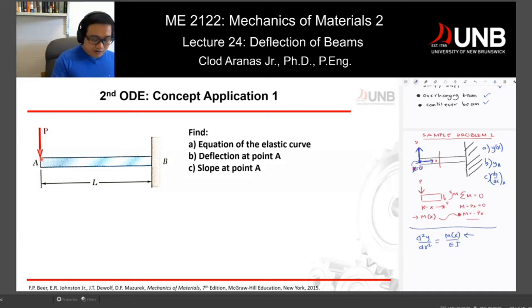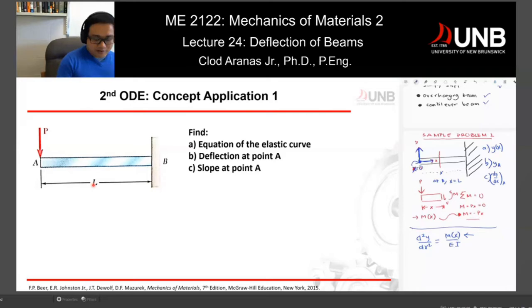Whenever I move from the 0 point, it could be a value of x until I reach point B, which has a value of L. So at point B, x is equal to L.